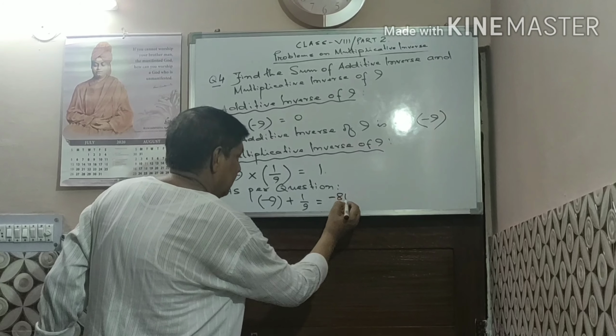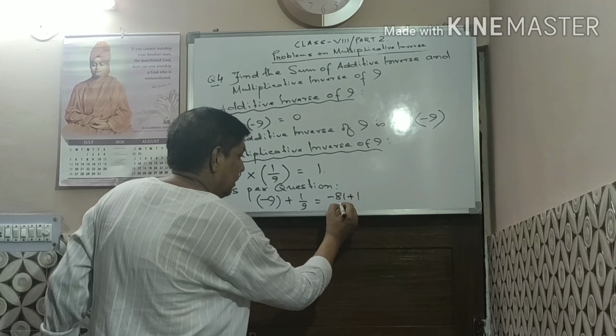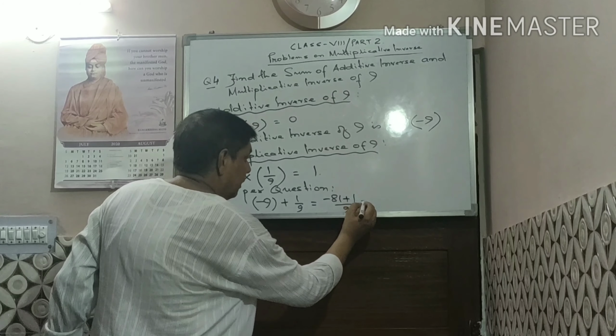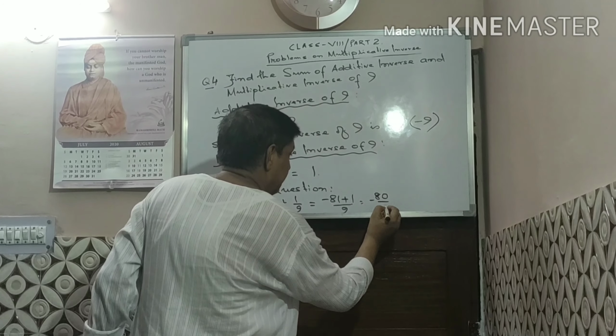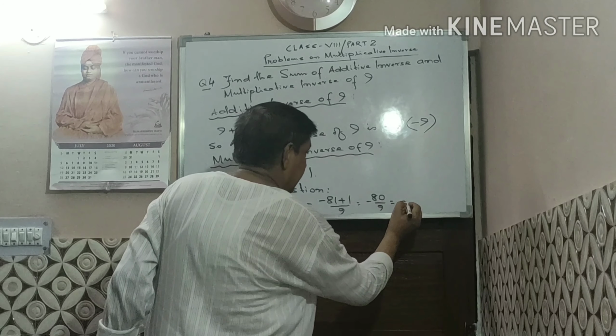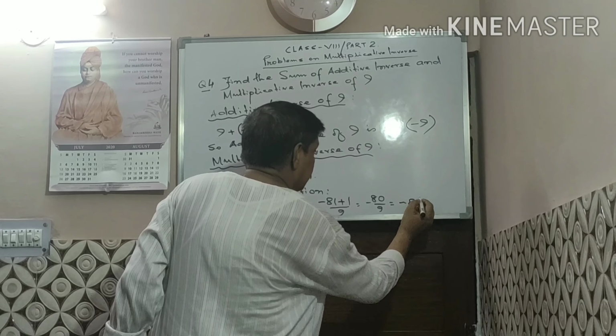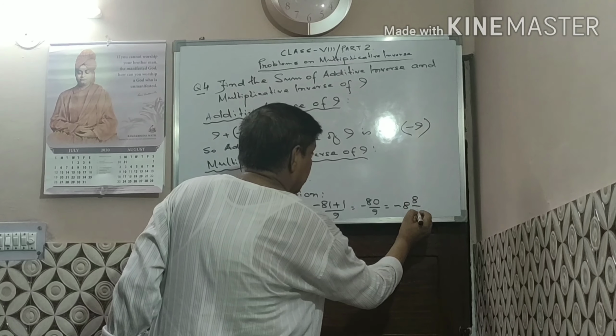Minus 81 plus 1 divided by 9, it comes to minus 80 by 9.